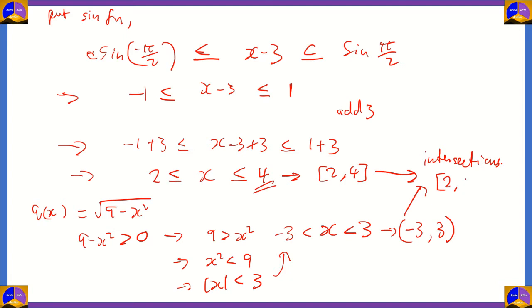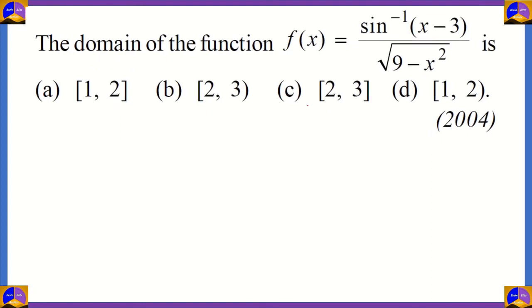The right side will be 3 because it's lesser than 4. So closed interval 2, open interval 3. This is the domain of the function f of x equals sine inverse of x minus 3 divided by under root of 9 minus x squared. So option B is the correct option.